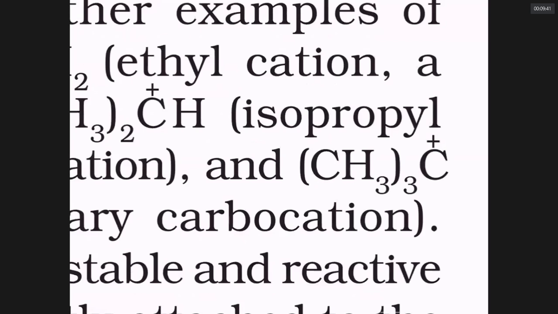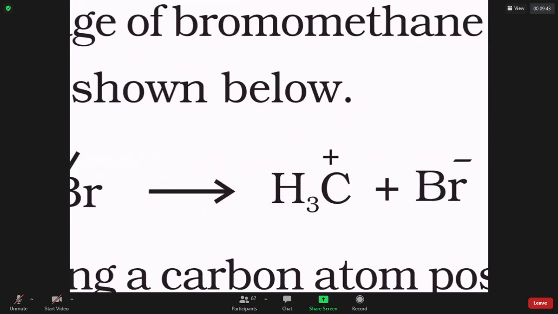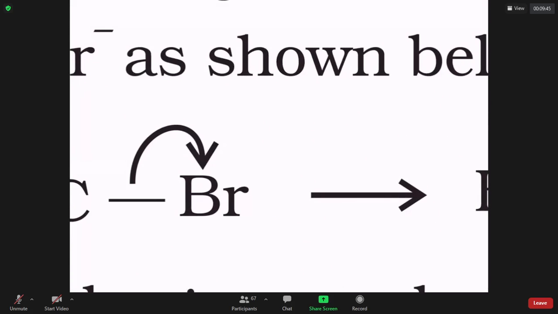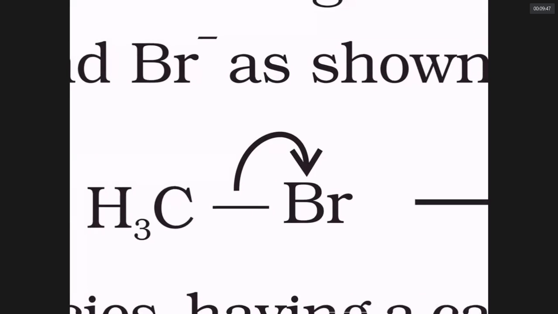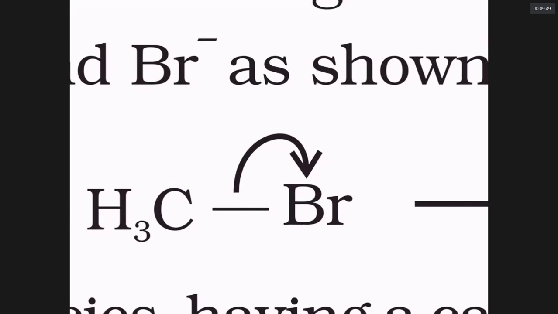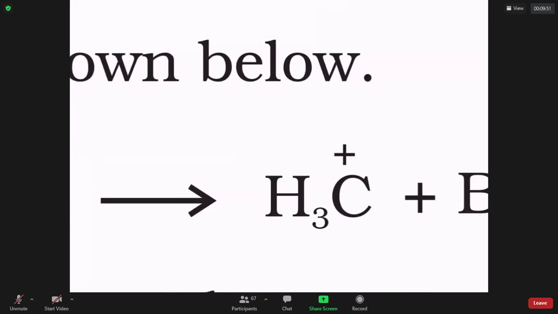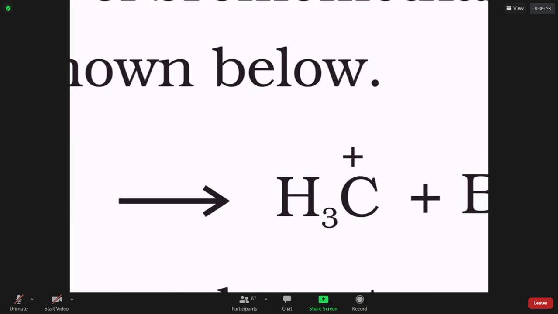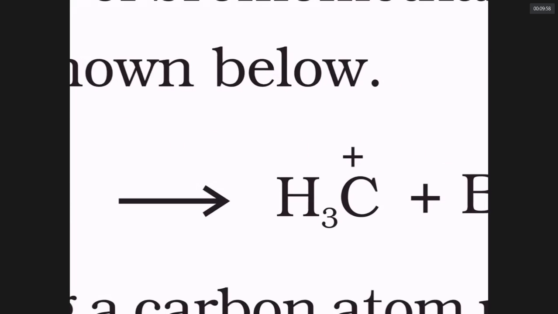In fact, the more stable the carbocation, the more readily the bond breaks. So how easily the bond breaks, how rapidly a reaction happens depends on the stability of the carbocation. Many factors influence the stability of carbocation, like inductive effects, resonance effects.